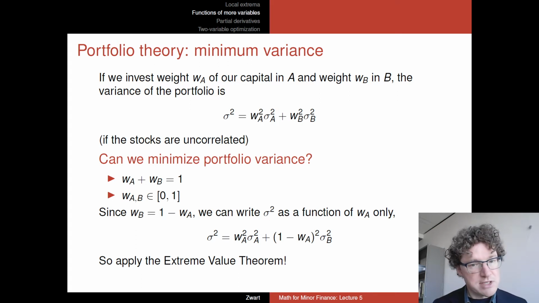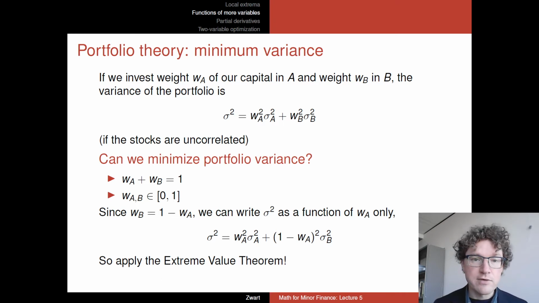So what is this? Well, this is a function. Sigma squared is a function of WA. Sigma A and sigma B are parameters in this function, so they're given from the outset by the problem. So we here just have a quadratic function of WA, which we want to minimize.